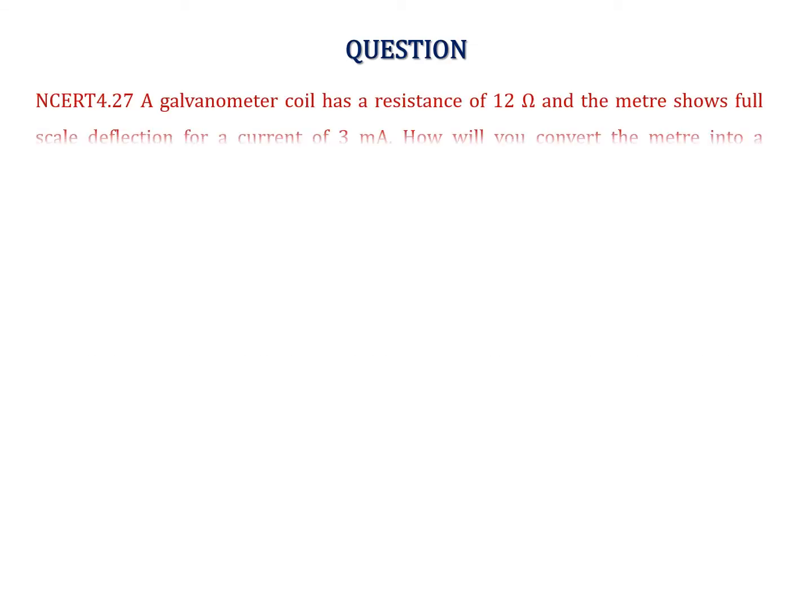We take a numerical based on conversion of galvanometer into voltmeter. A galvanometer has a resistance of 12 ohm and a meter shows a full scale deflection for a current of 3 milliampere. How will you convert the meter into a voltmeter of range 0 to 18 volts?